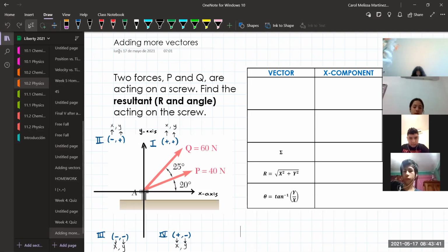And just for me to know if you are actually getting this, help me by telling me: in the vector I just drew, this one right here, is my y component going to be positive or negative?